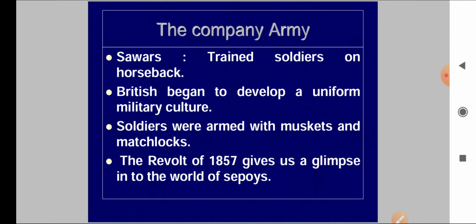In this way, slowly and gradually, by 1857, when the last Mughal Emperor Bahadur Shah Zafar ruled, they had direct rule over about 63% of Indian territories and 78% of the population of the Indian subcontinent. So by their different policies they established a powerful rule in India.